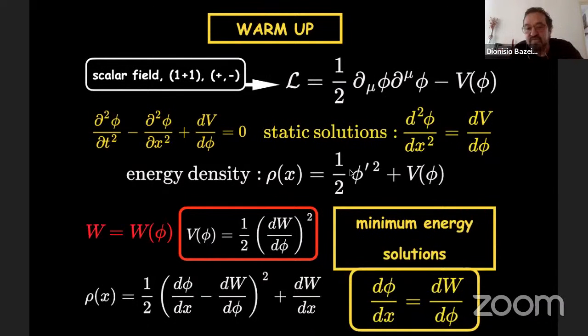If you choose f of chi properly, you may send it to infinity. Suppose you have 1 over chi squared. When chi is 0, this is infinity. So this is going to make the energy ill-defined, and the only way to make the energy well-defined is to make the derivative of the field go to 0.